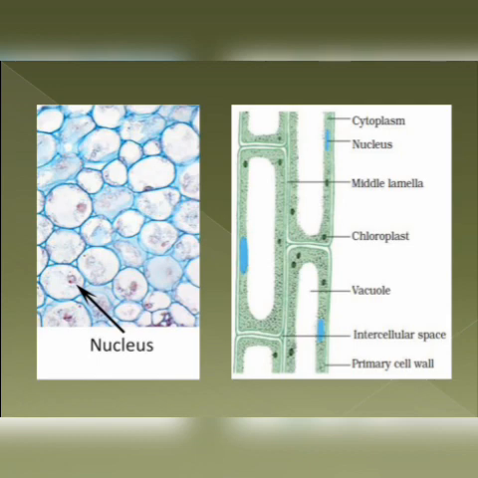We can see the cytoplasm, the nucleus in bluish color, middle lamella, which divides the adjacent cell walls of two cells. Apart from that, chloroplast, which is a type of plastid that helps in formation of food by the process of photosynthesis.